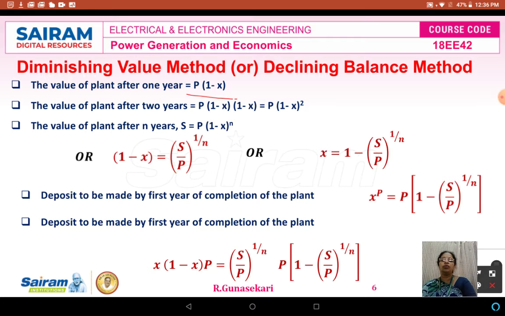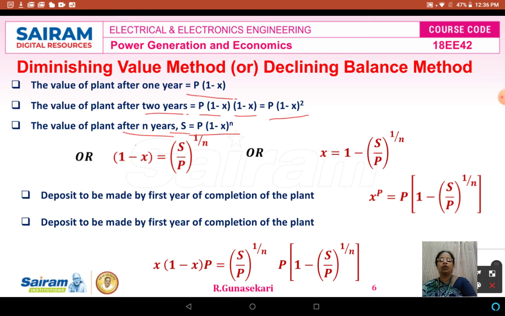Then the value of the plant after 2 years is P into 1 minus x into 1 minus x, that is P into (1 minus x) squared. The value of the power plant after n years, denoted by capital S, is P into (1 minus x) to the power n.